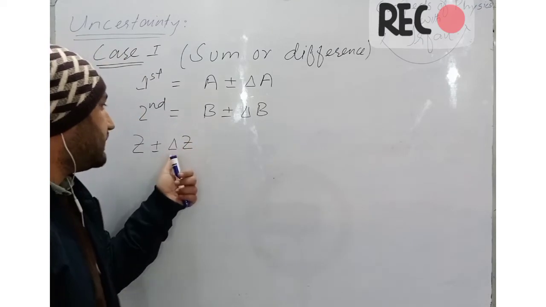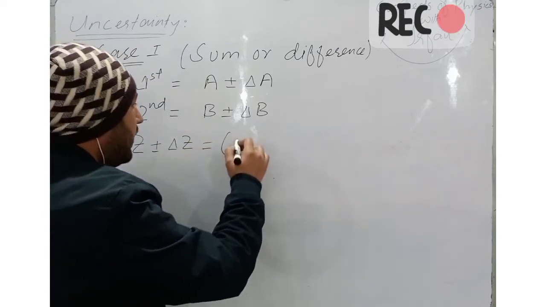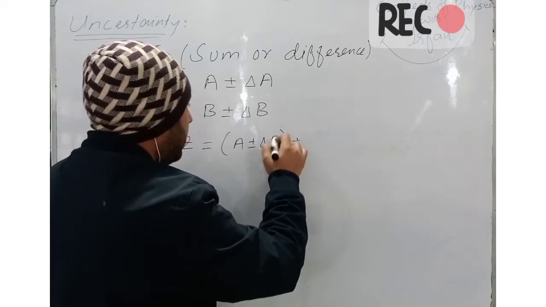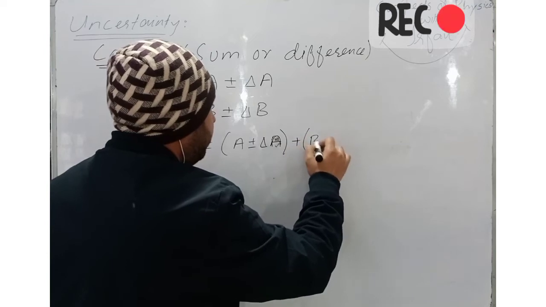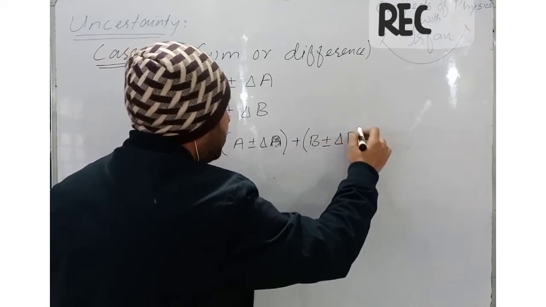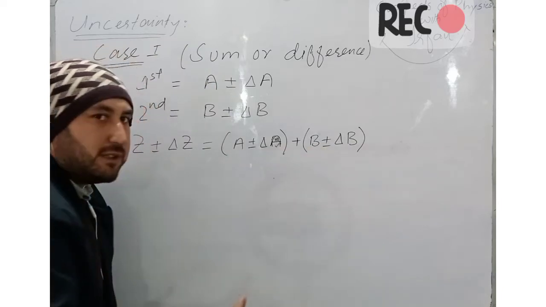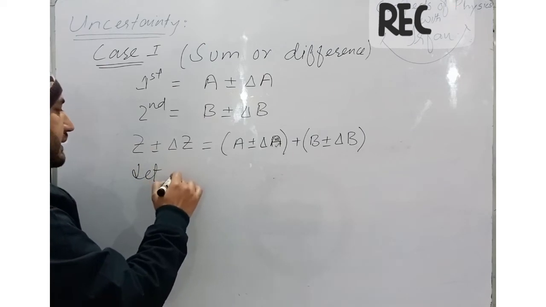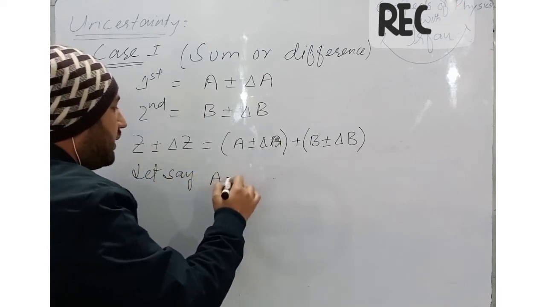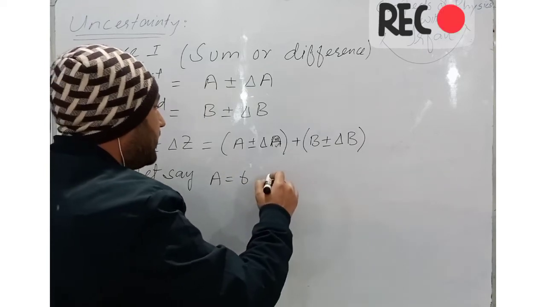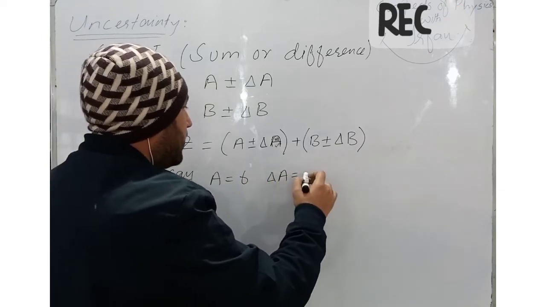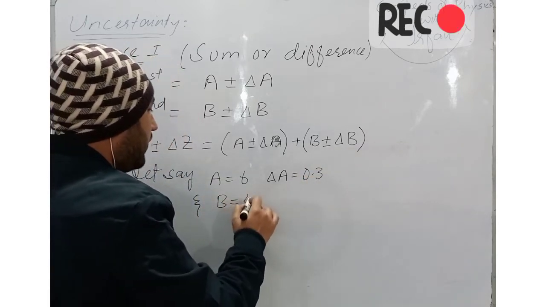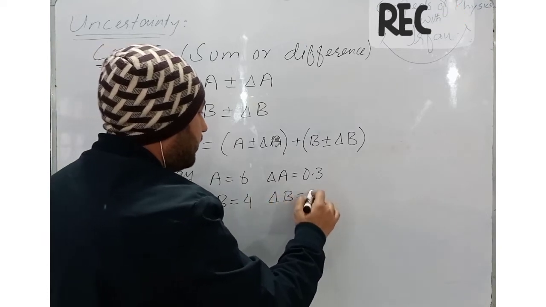So this is equal to A plus or minus delta A, plus B plus or minus delta B. Now let's say that A is equal to 6 and the uncertainty delta A is 0.3, and B is equal to 4 and the uncertainty in B is 0.2.